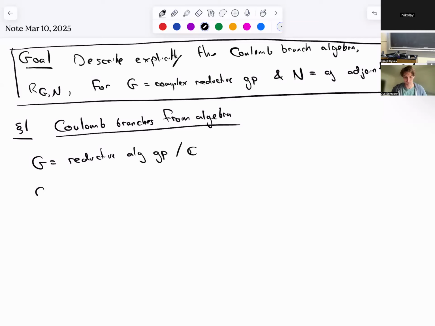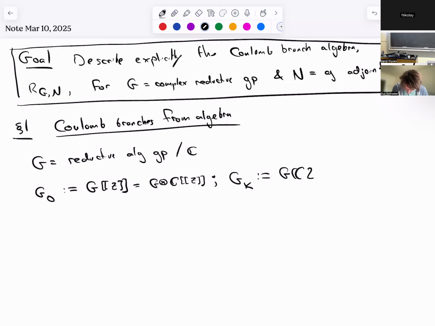And then I'm going to use interchangeably the notation G_O to be positive loops into G, so this is matrices with power series coefficients. And then also the full loop group, G_K, will be with the field of formal Laurent series coefficients.